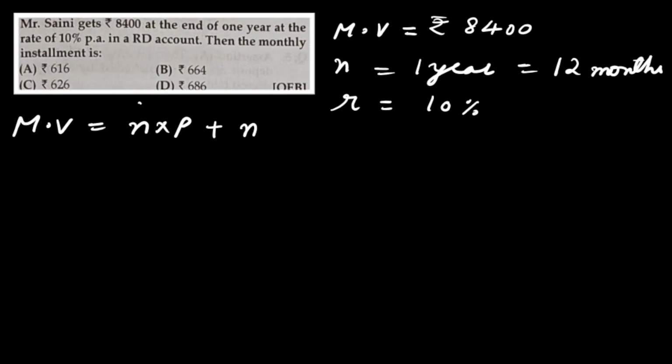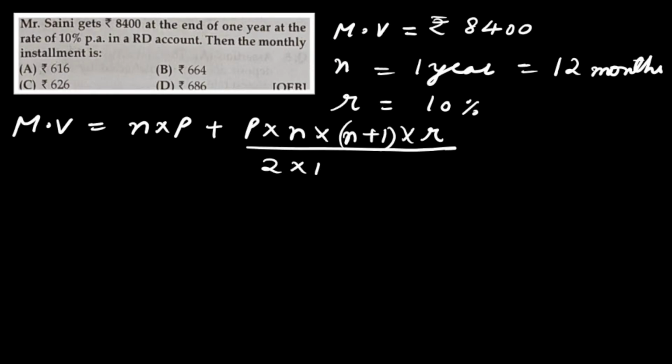MV is equal to N into P plus I. I am going to use the formula of I also, because interest is not given to us. Other things are given to us, so we'll make use of the formula and find it. So N into P, or we'll write this way, P into N plus 1 into R by 2 into 12 into 100.